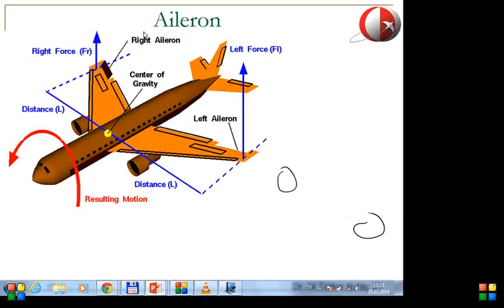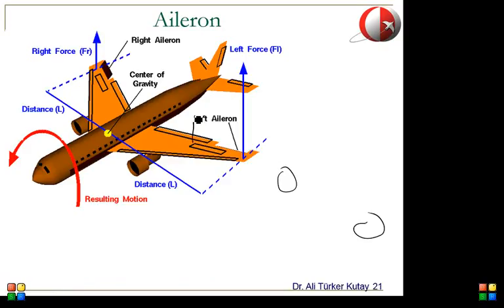You need to have, for example, more force here and then less force here, such that it will give you a rolling moment. The ailerons are the most effective way of doing that. But for example, you can use these surfaces here. I will be talking about them later on. These surfaces can be used to make that difference in force between the two sides.